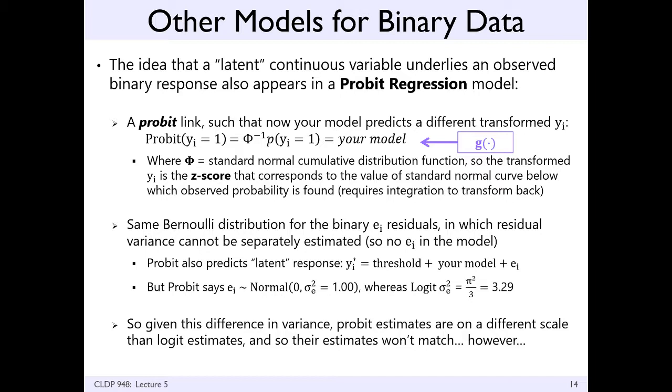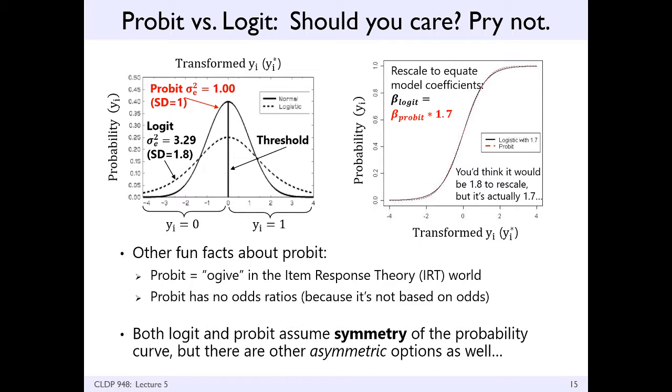That's probit. The probit is the z-score that goes with the probability. So it's the same as logit in the sense that 50-50 is 0. It's different than logit in its variance. Because probit is based on a z-score, its underlying pretend distribution variance is 1. So this slide sums up why this doesn't matter.